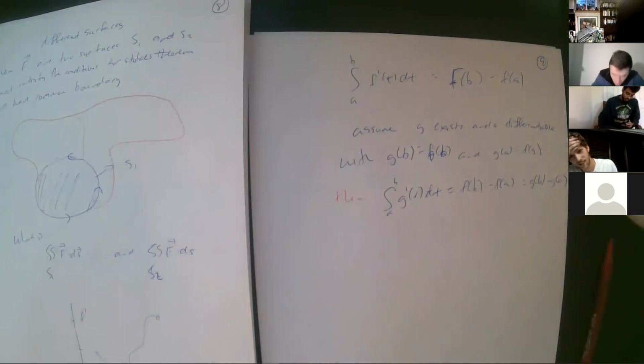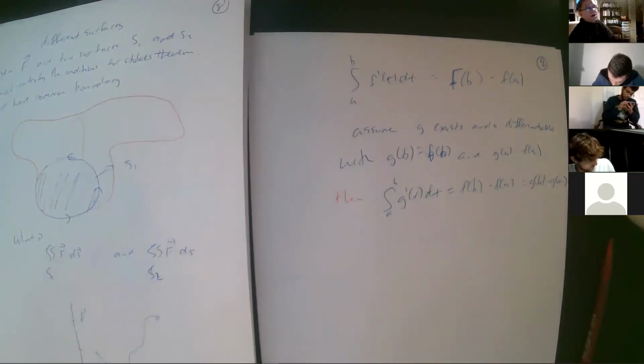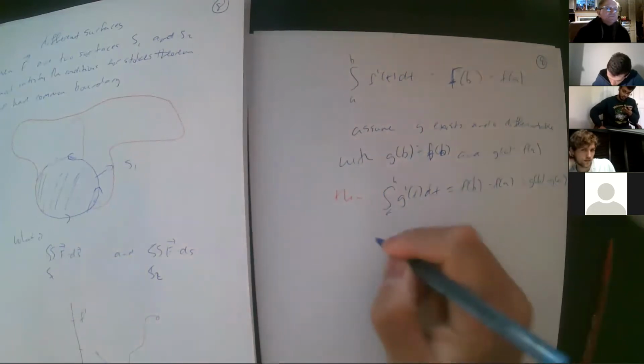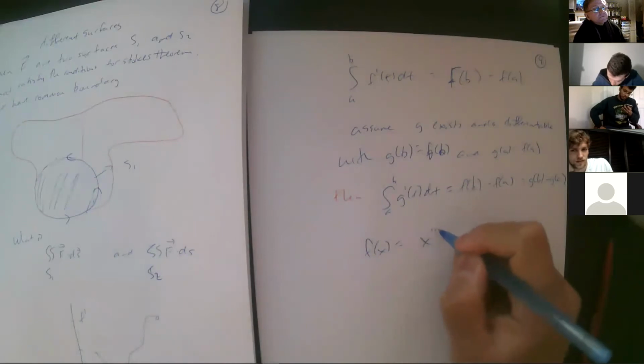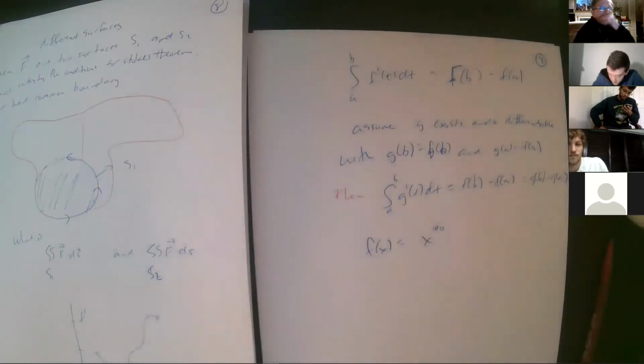So give me a second, I'll think of a nice example. How about this? f of x is x to the 100, right?